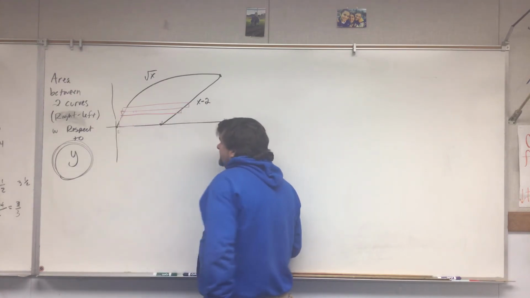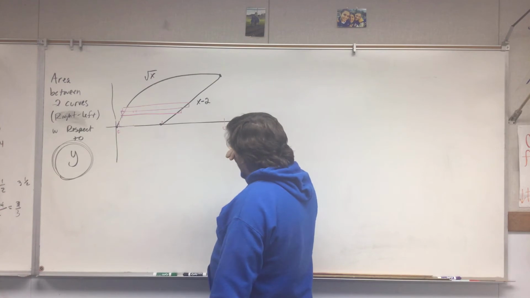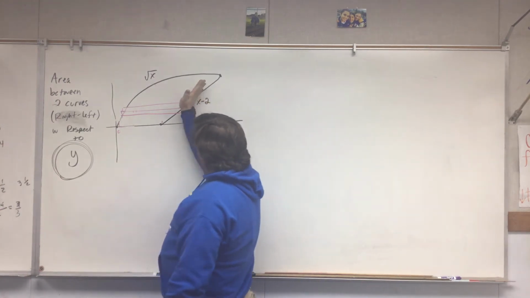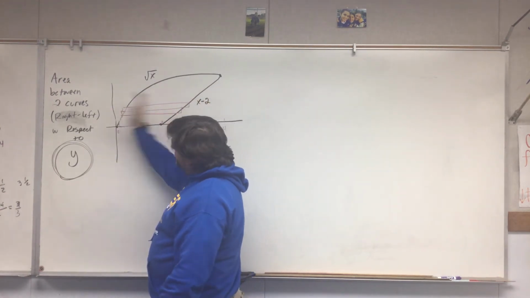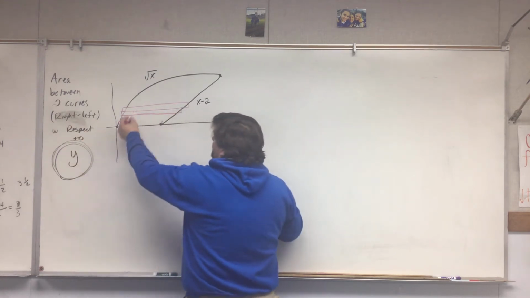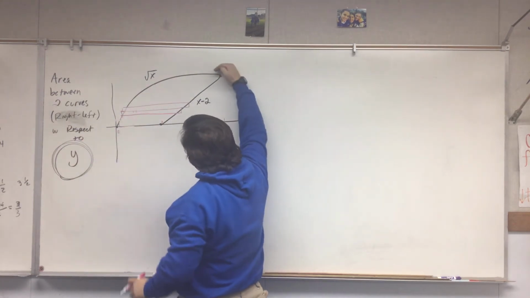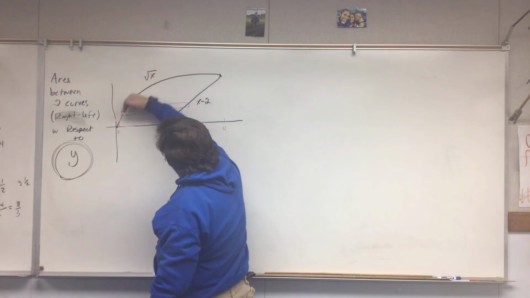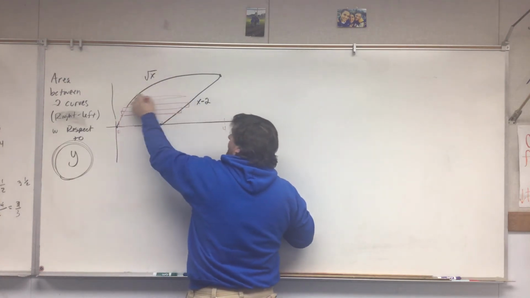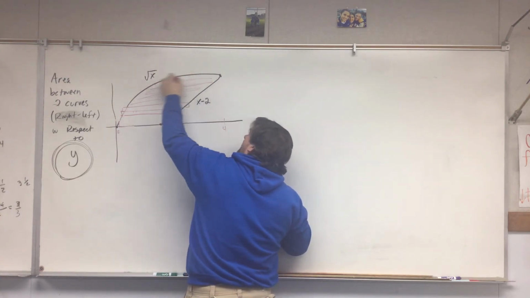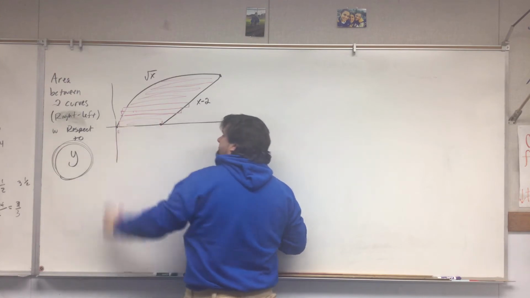Which really means that if I take the area under the curve of the right one and subtract it from the area under the curve of the left one, I'm going to get all the areas from left to right in between of all these triangles.